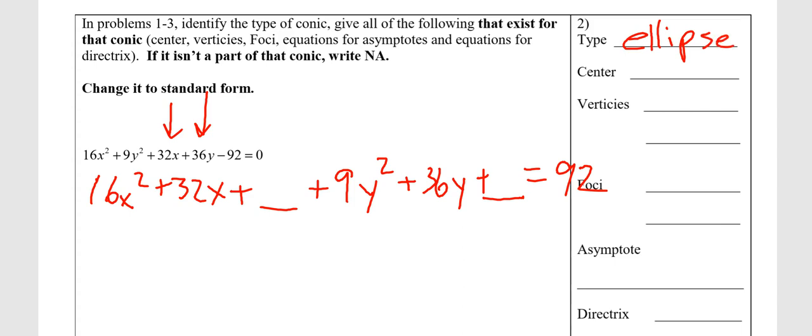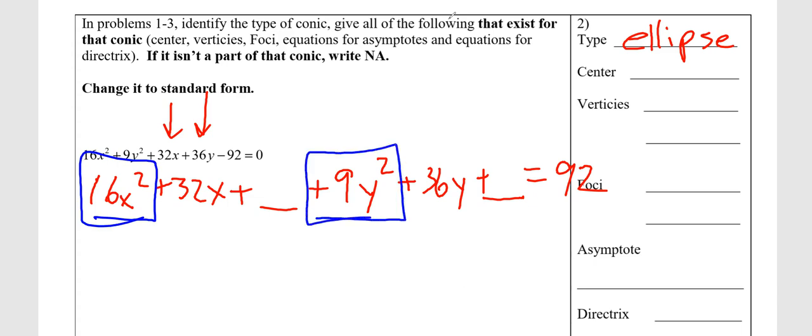All right, so what should you be adding to the x's? Two squared terms, both positive, different coefficients.